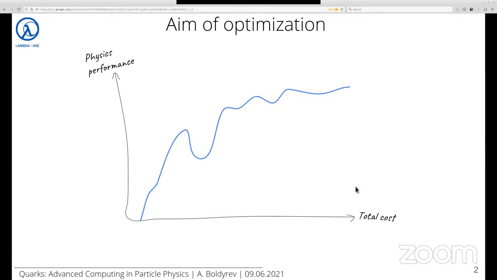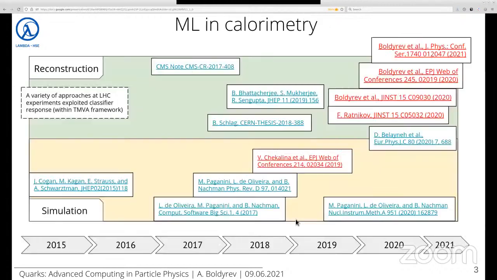The total cost can also be defined in different ways. For instance, it can include the existing infrastructure in the case of an upgraded detector or not. It can cover the simulation expenses or not. So let's leave that for now.